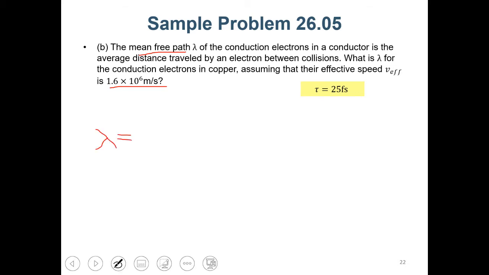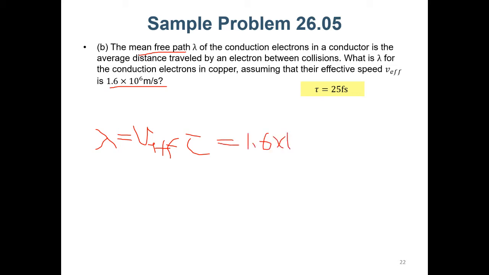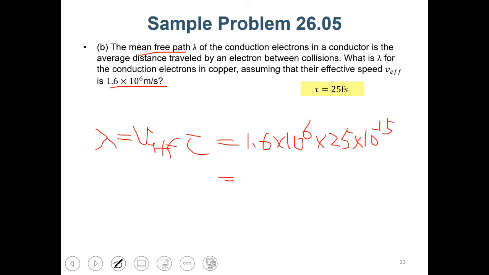Lambda equals v effective times tau, like s equals v t. So 1.6 times 10 to the 6, and tau is 25 times 10 to the minus 15. So lambda is about 40 nanometers.